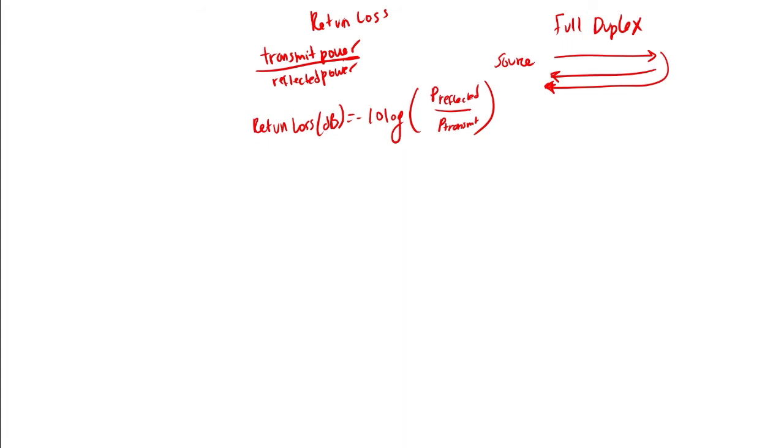And so if instead of a return, we end up with an echo, or a bounce back, we would have a problem.